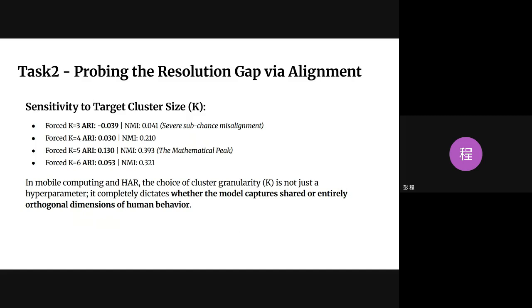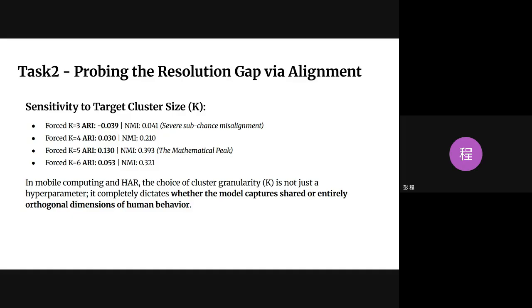So it's basically not relevant. When we force K to 5, it has the biggest ARI, but it's still not a big number compared to 1. So we can see the sensor drive features and the label drive features are very different.